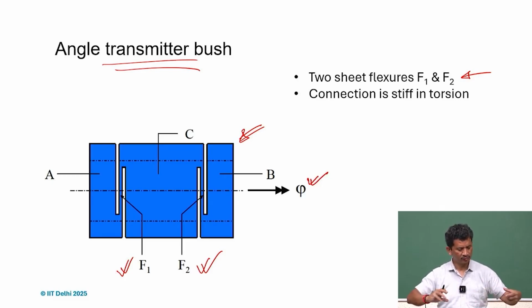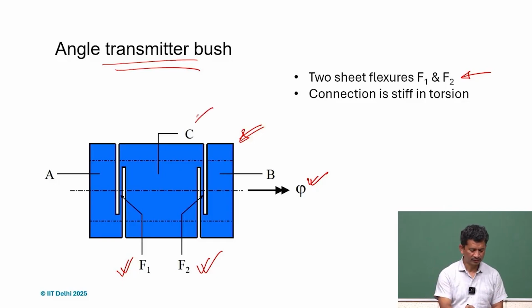So if you try to twist the two ends A and B, they are connected through the element C, through these flexures F1 and F2.